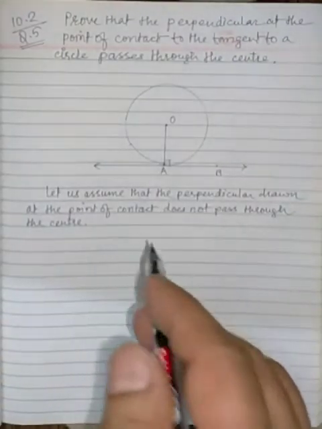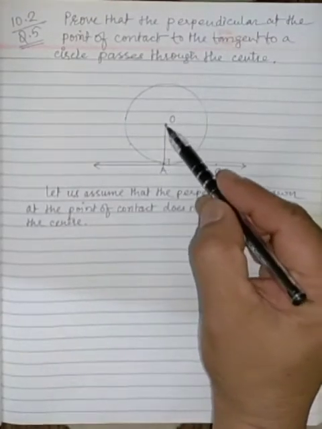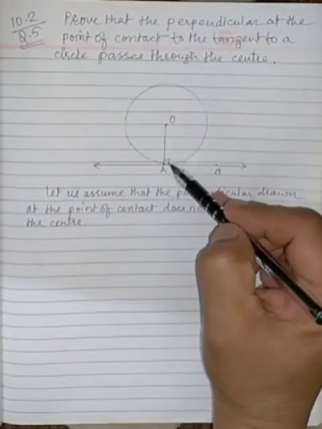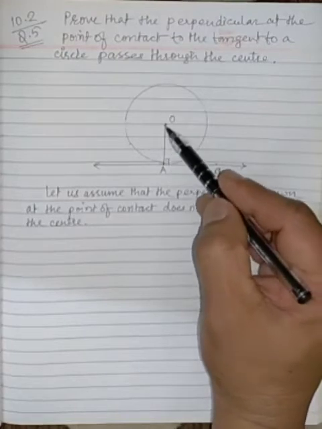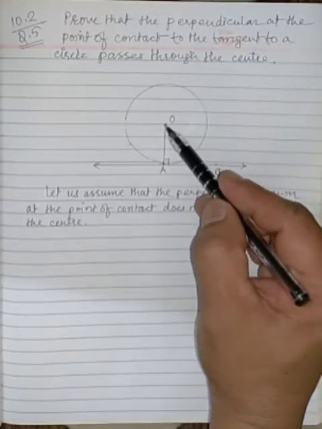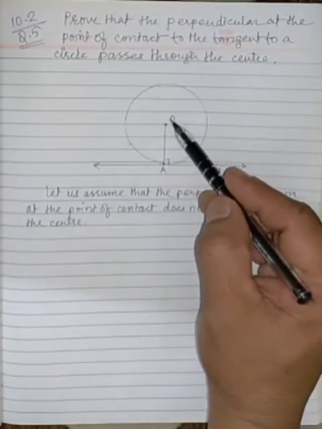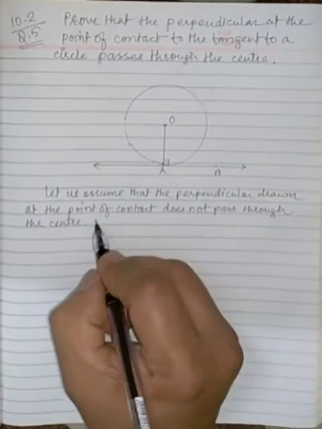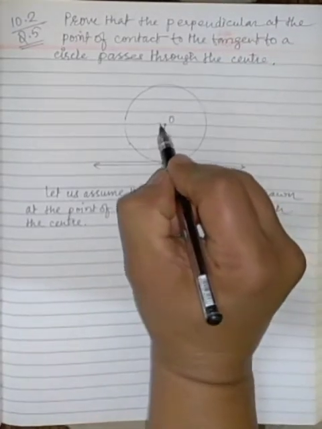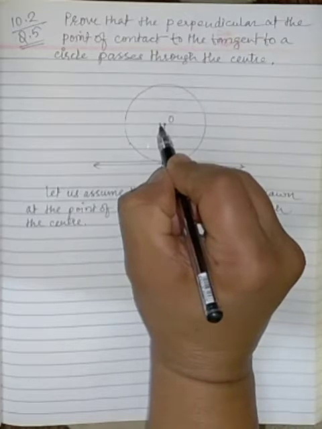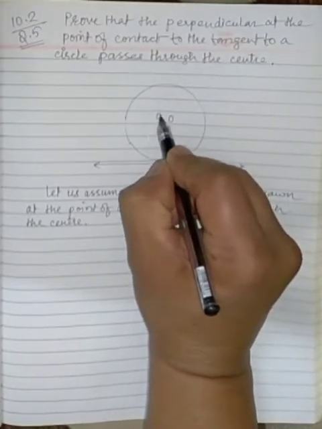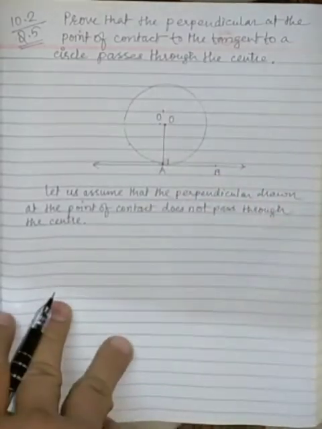So according to our assumption, if the perpendicular we have drawn at the point of contact A is not passing through the center of circle O, that means O is not the center of the circle. That means there must be some other point inside the circle which will be the center of the circle. Let us take this point O dash.